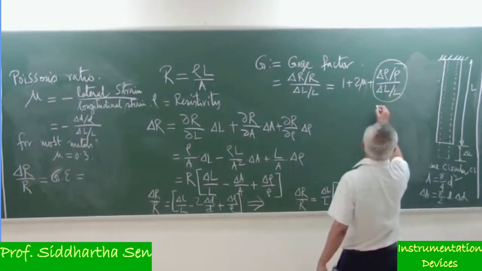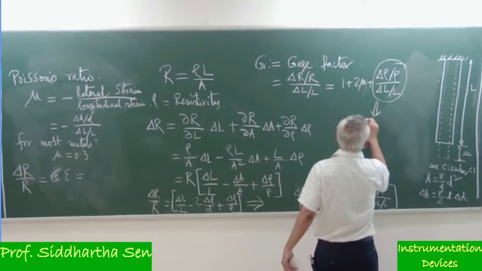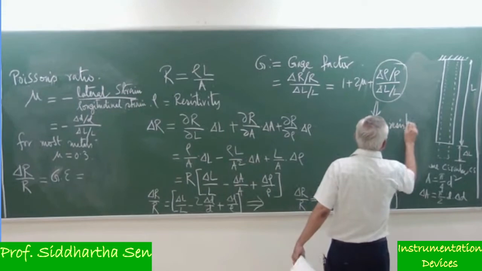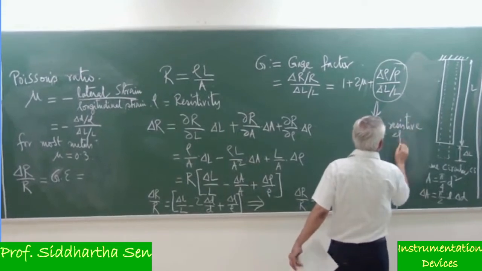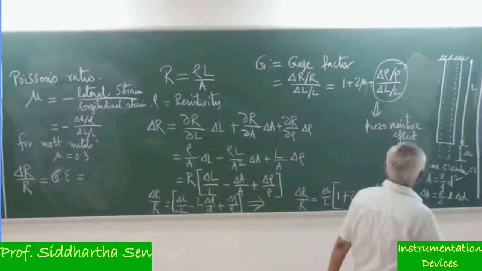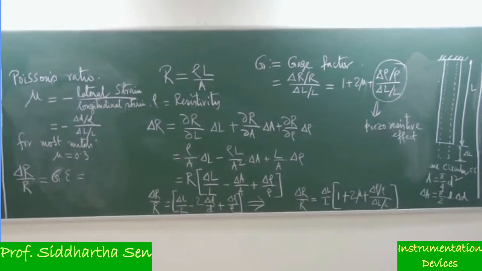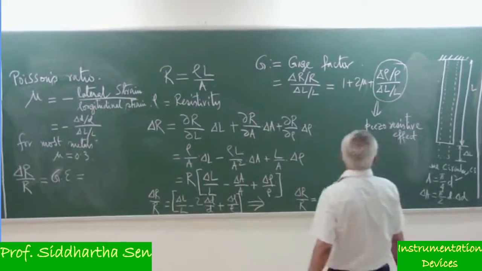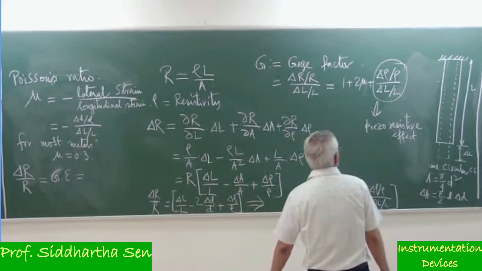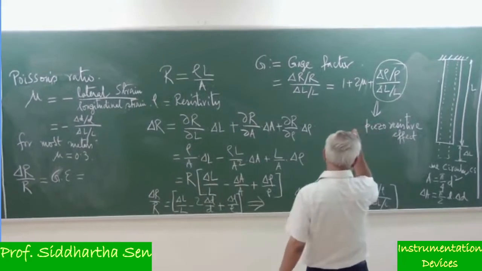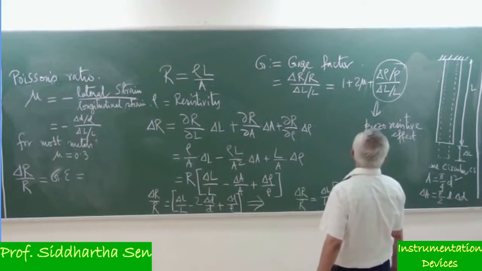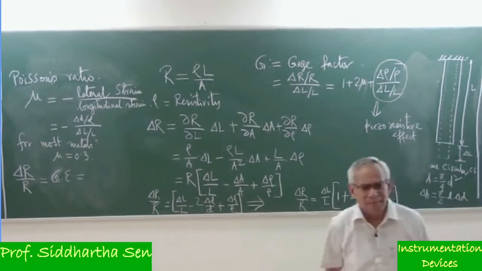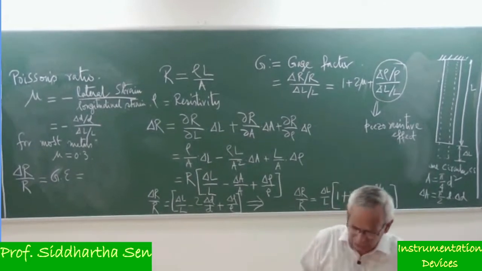And this is due to what we call the piezo-resistive effect. So it is due to the strain applied, the resistivity changes, and this is called the piezo-resistive effect. But that delta rho by rho divided by delta L by L is also dependent upon the property of the material.